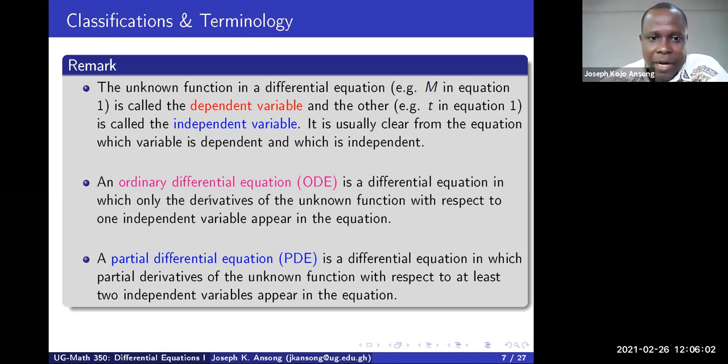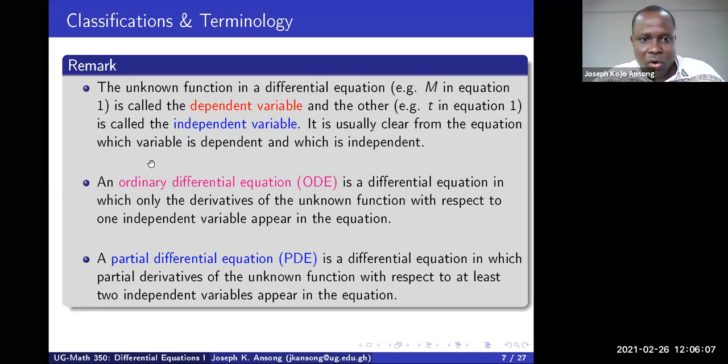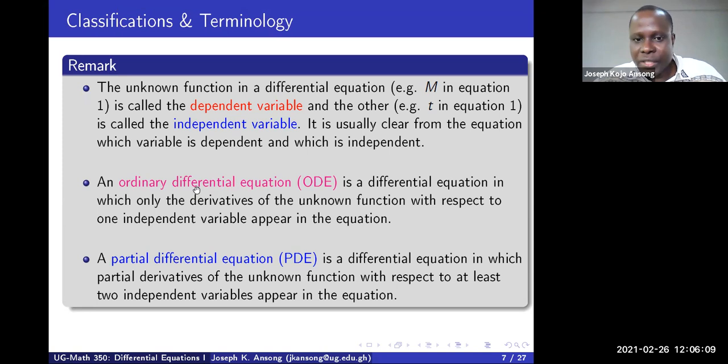Okay, now another classification is that there's a difference between what is called an ordinary differential equation, or ODE, and a partial differential equation. An ordinary differential equation is a differential equation in which only the derivatives of the unknown function, let's say m, with respect to one independent variable appear in the equation. Okay, I'll give an example of that.